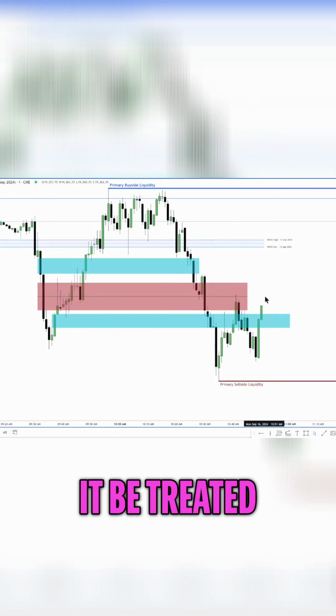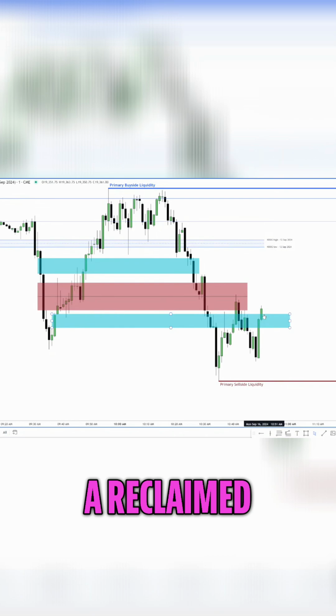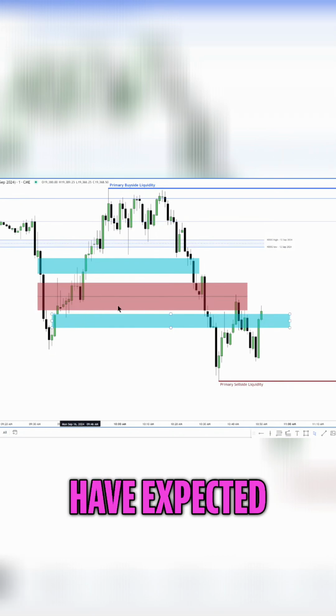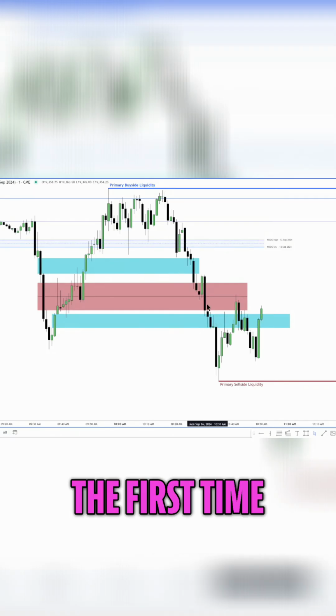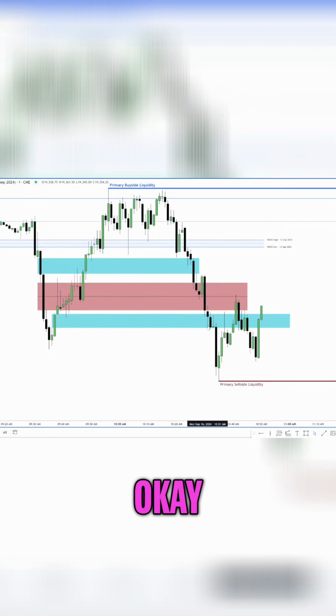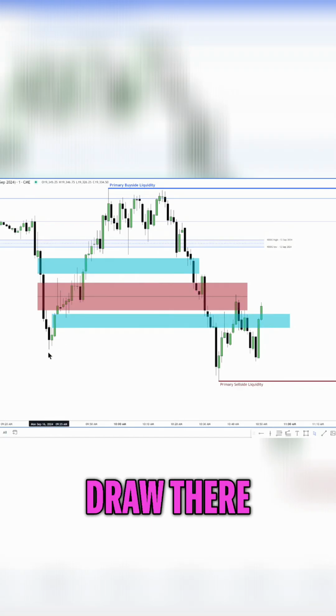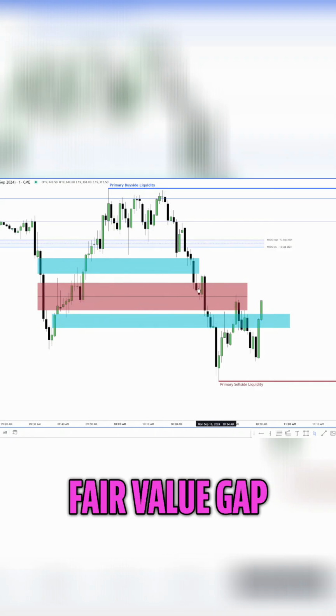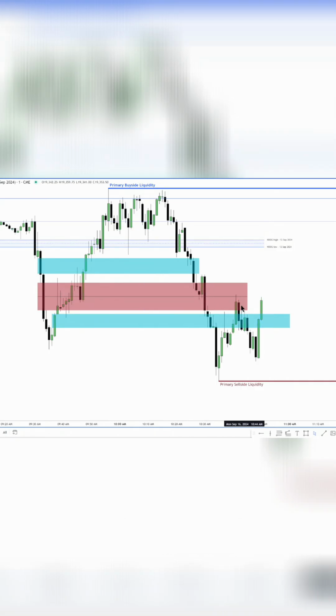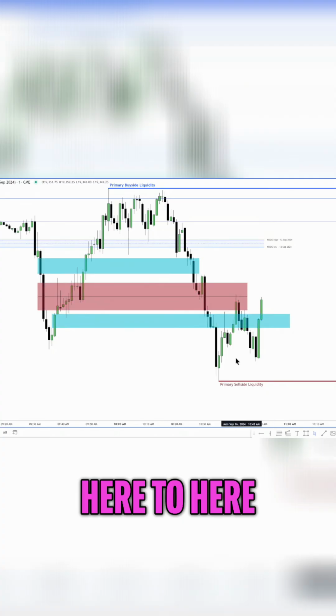I'd like to see it be treated as a reclaimed fair value gap. So where we would have expected initially, if we were not fully understanding what goes on in the marketplace, the first time it drops into that, someone might think that's one of those ICT buys when that's the draw there. And we knew that when this was an inversion fair value gap earlier. We sold off from here to here into that fair value gap.